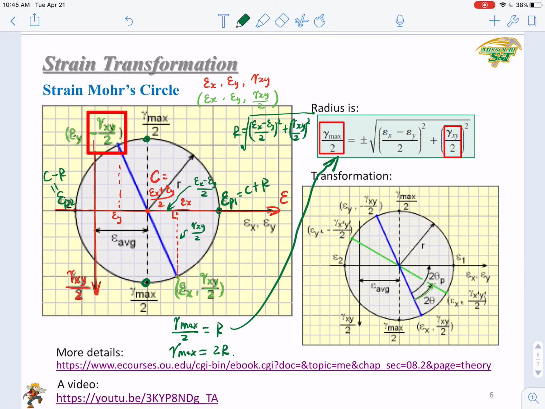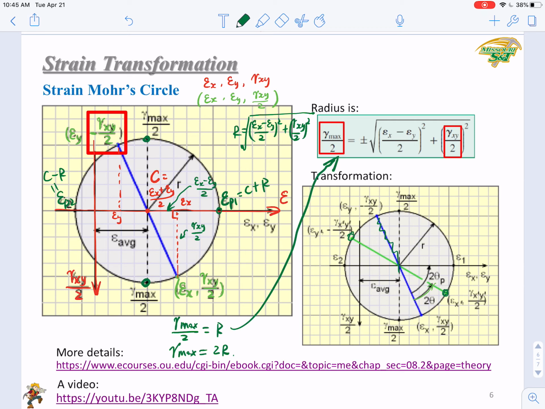On the Mohr circle, you can also do the transformation. If you want to know the strain components at a position after rotation by angle theta, you can transform from the blue colored line to the green colored line. Then use these two points to denote the strain status at that position.